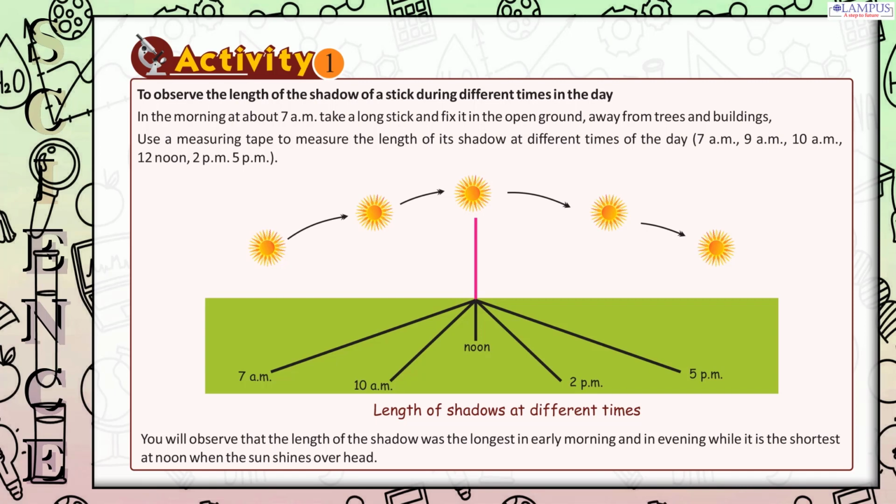Use a measuring tape to measure the length of its shadow at different times of the day: 7 am, 9 am, 10 am, 12 noon, 2 pm, 5 pm. You will observe that the length of the shadow is the longest in early morning and in evening, while it is the shortest at noon when the sun shines overhead.